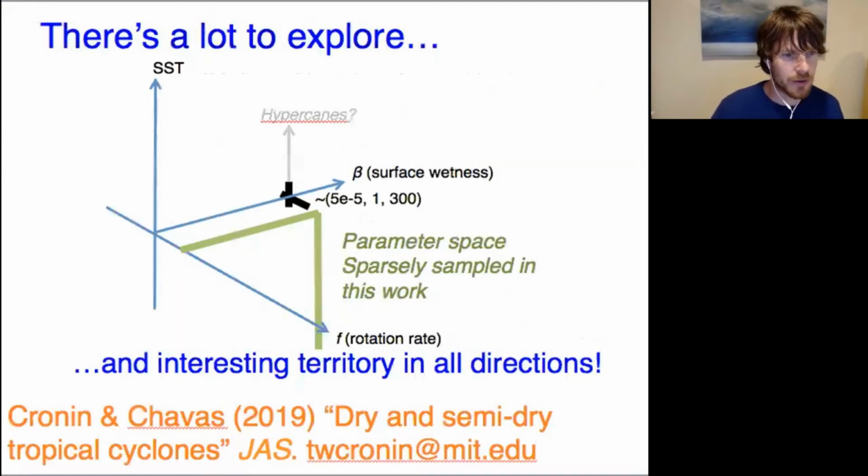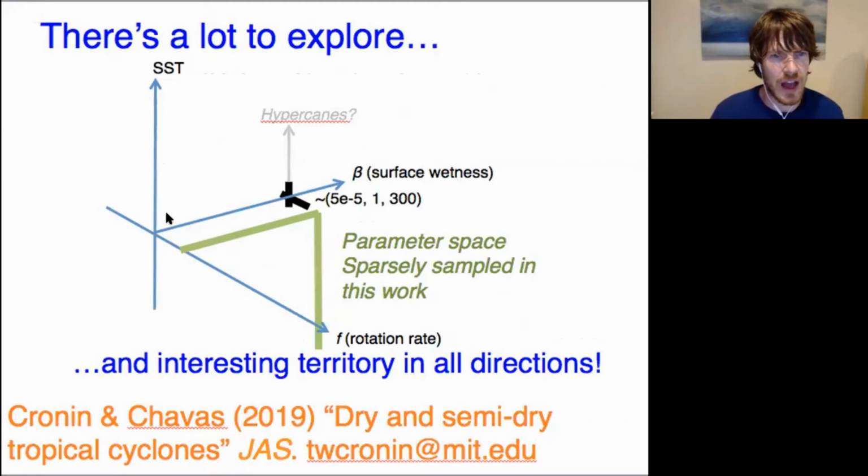So to close, taking a step back, most of the idealized modeling work on tropical cyclones is focused on realistic parameter space ranges near these thick black lines. I'm showing 3 axes here of parameter space: sea surface temperature, surface wetness, and rotation rate.